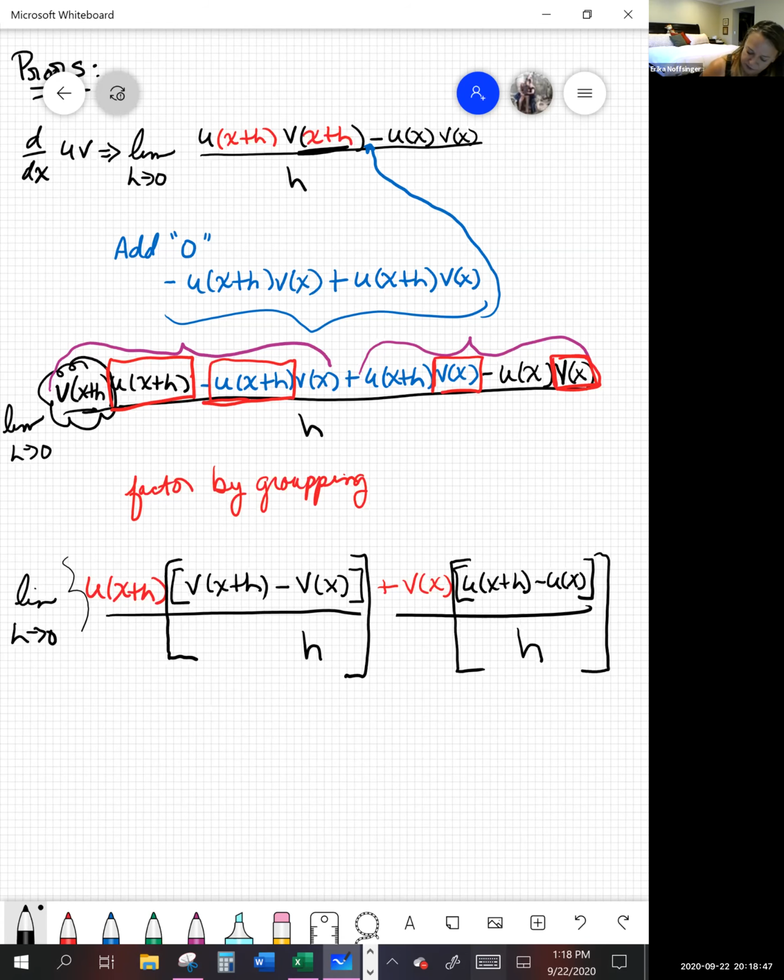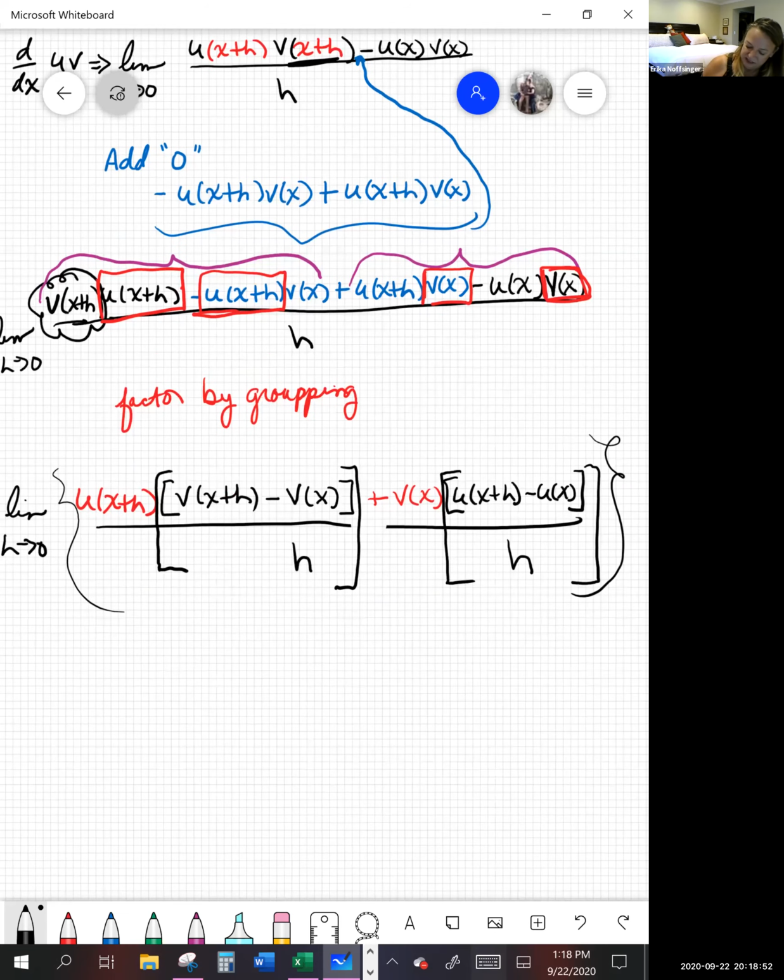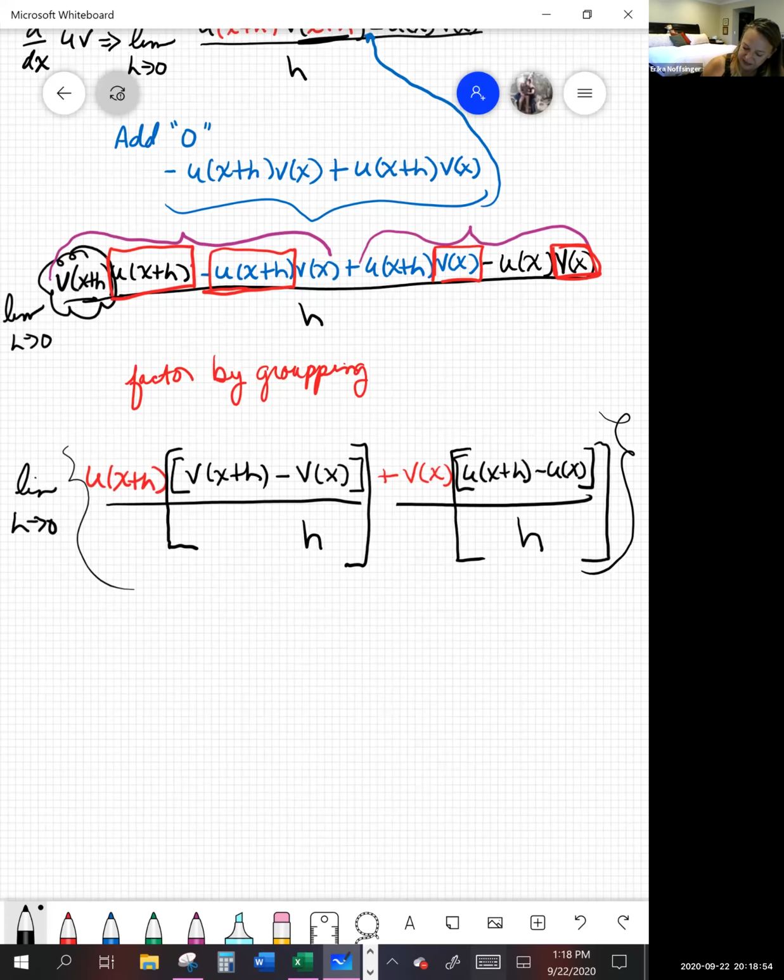Technically I should have parentheses around this whole thing. Let's pull this u of x plus h out. We could do that, remember, with multiplication of limits. We could rewrite the limit of the first times the limit of the second.